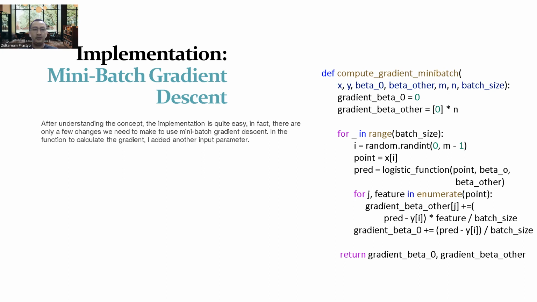In fact, there are only a few changes we need to make to use mini batch gradient descent. In this function, I calculate the gradient. I add another input parameter, batch size.